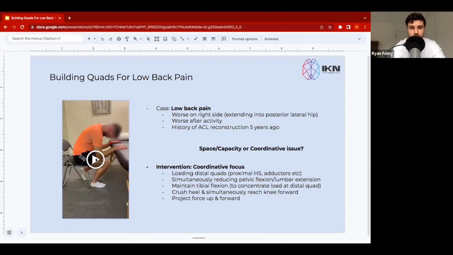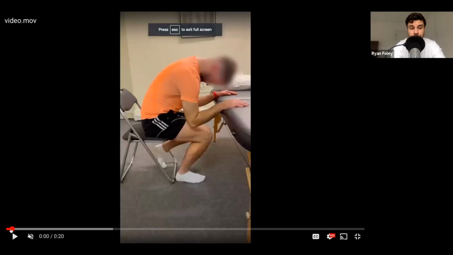So what you'll see very often in clients with poor load capacity through the distal quadriceps is an inability to maintain tibial flexion. When that tibia flexes or maintains a position of flexion, gravity and the mass of the head, trunk, and arms will try to flex that tibia even further.